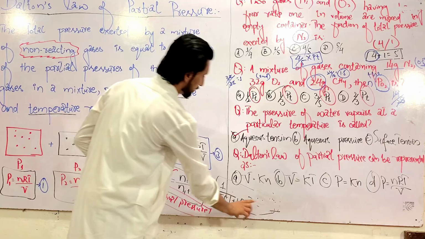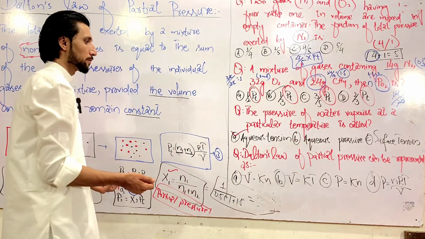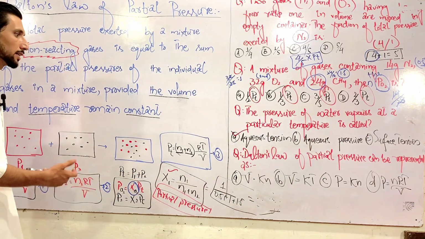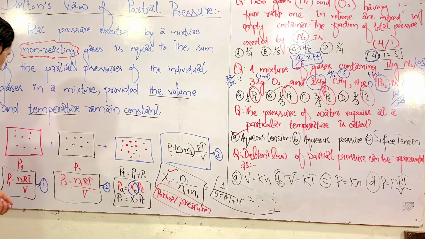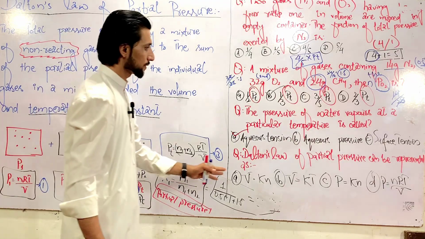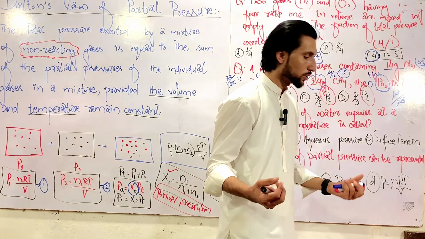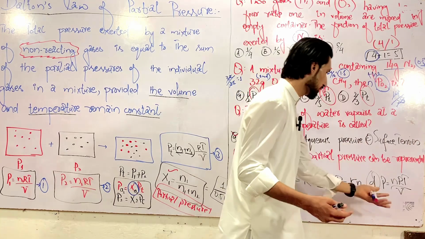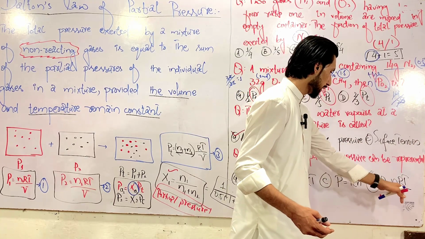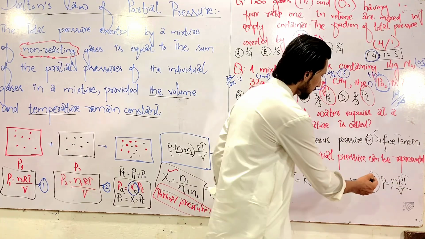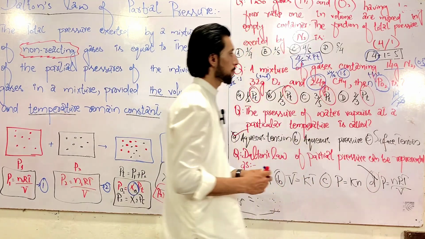We must find how we can represent Dalton's law of partial pressure, as we wrote it over here. This is the way, this is also the way. So P is equal to, if this is total pressure, you can also find it if it is PT or PN, anything. So option D is the correct option.